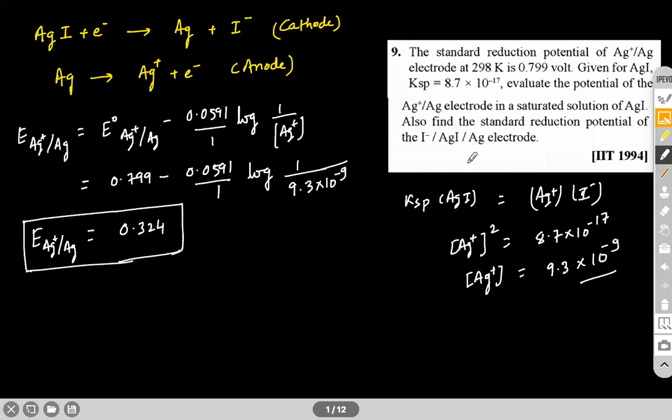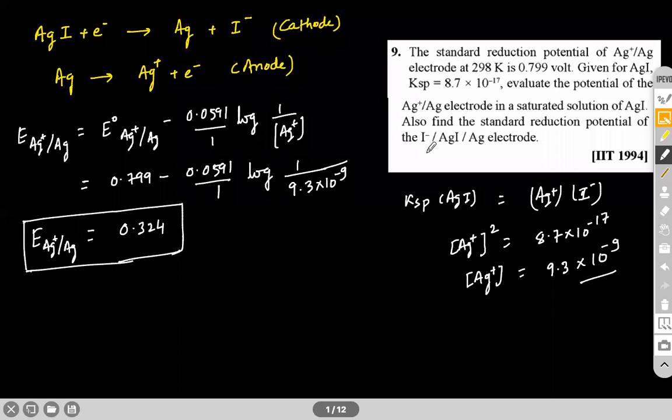The cell that we have, this cell, the standard reduction potential of this we need to find out. So this means what? The reaction, if you consider here, we have AgI saturated.